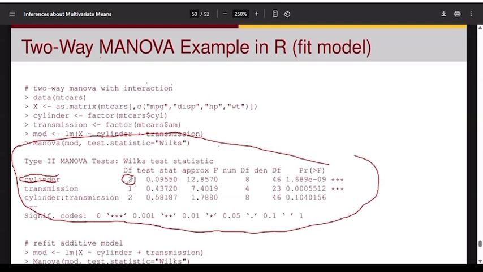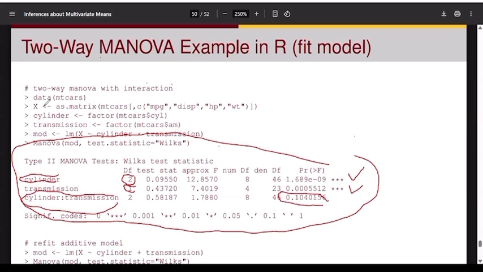Having 1 degree of freedom for transmission means we have 2 levels of transmission. What is happening here is telling us significant, significant. But what about the interaction between them? The interaction is not significant. Can you see that? The p-value is greater than 0.05. Take a look at that. This is the easy way, doing it in R.